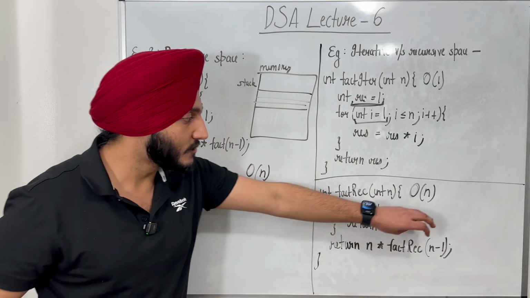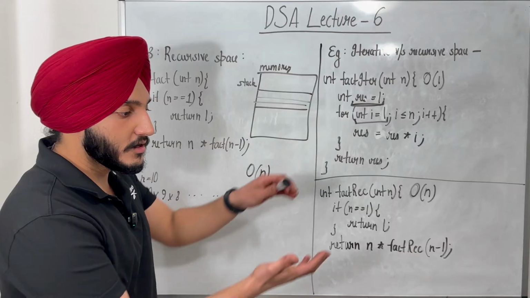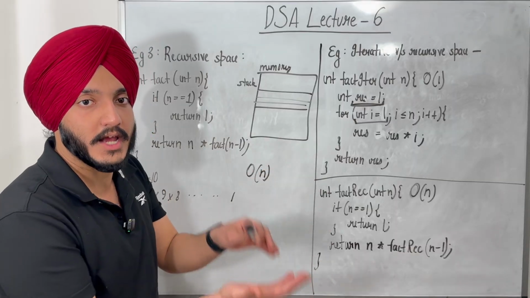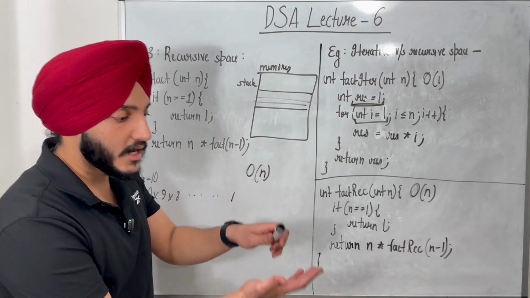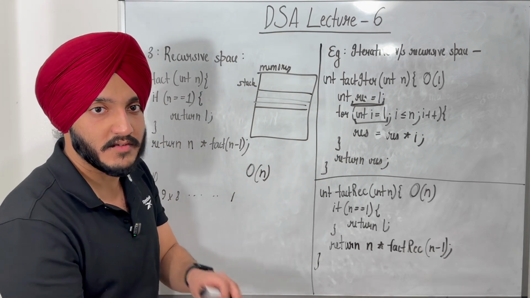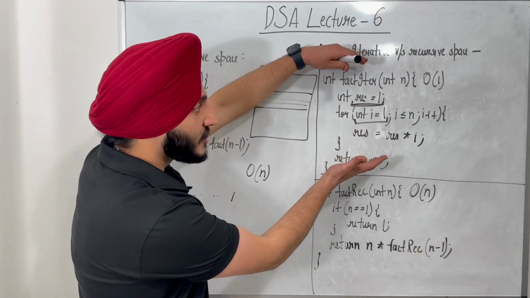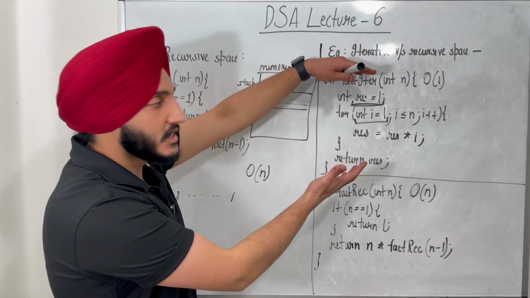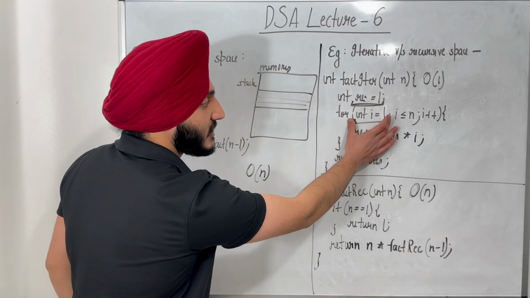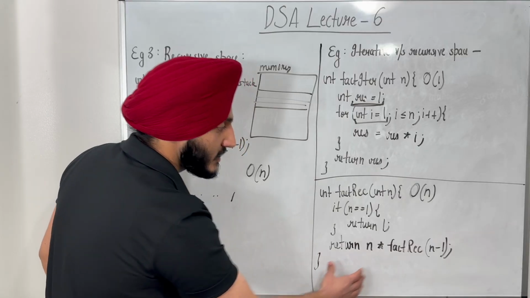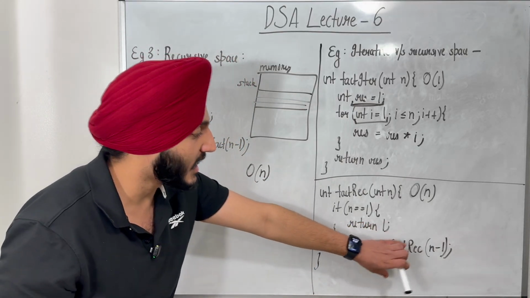It's because it's creating different stacks for the same function again and again. So it's going to create a stack with fact and n equal 10, n equal 9, 8, 7, 6, 5, again and again. This entire function would have one stack, which is constant space, and then we have space for this res, we have space for this int i. In this case, we have multiple stacks, or I should say call stacks, for this exact function.